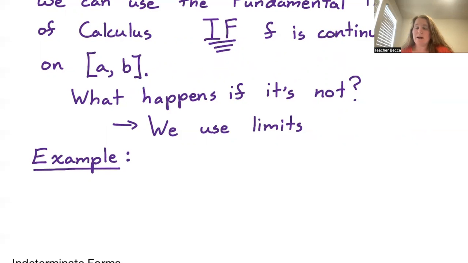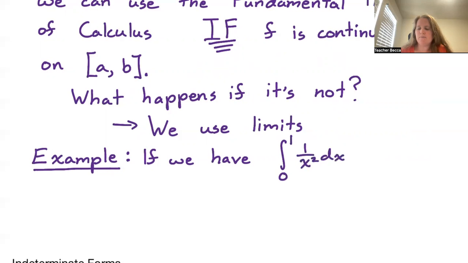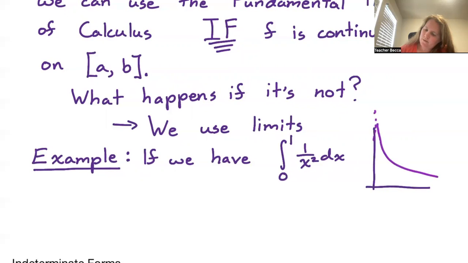if we have a vertical asymptote, so if we have the definite integral from 0 to 1 of, say, 1 over x squared dx. Right? This is discontinuous at 0. We have a vertical asymptote at x equals 0.